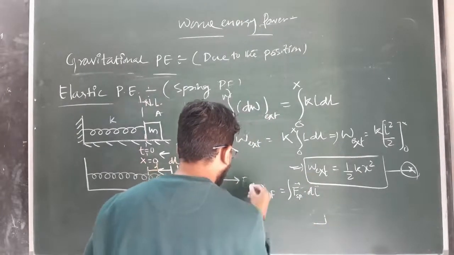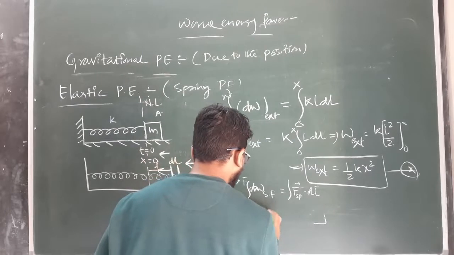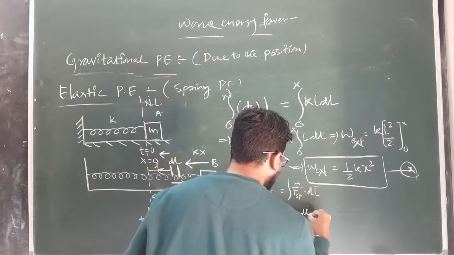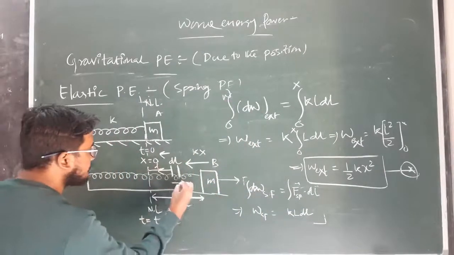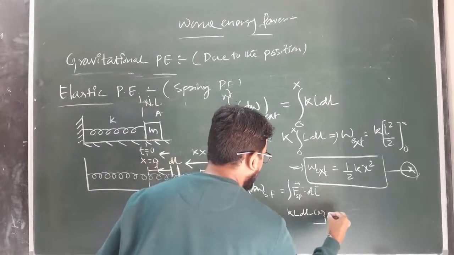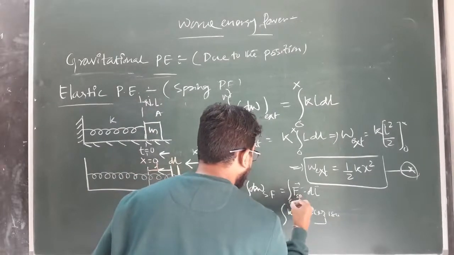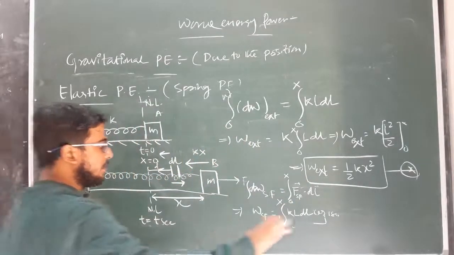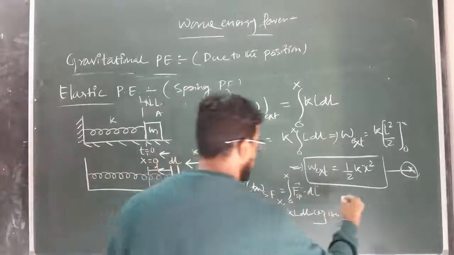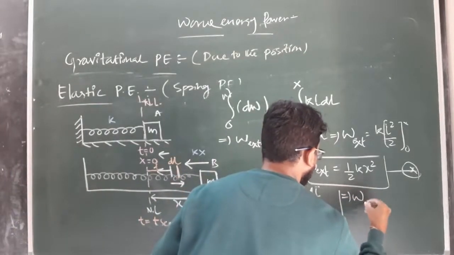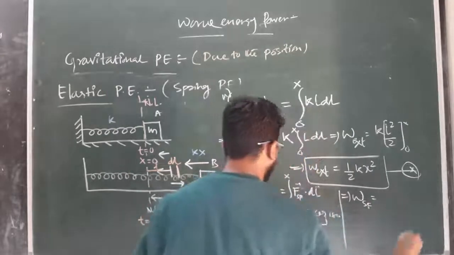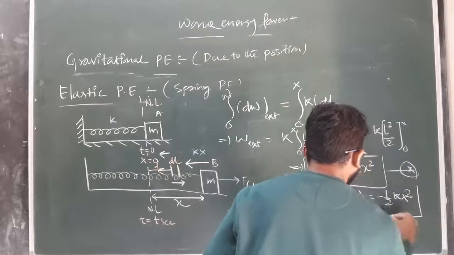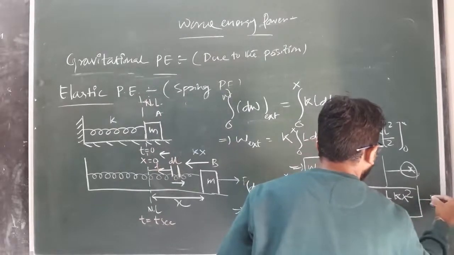Integration, so this will be work done due to spring force equal to the integral of K L dl cos 180, since the angle between the spring force and displacement is 180. Limit varies from 0 to x. Clear? So by integrating this we will get what? The total work done by spring force is equal to minus half kx square. Okay, so this is the amount of work done by spring force.